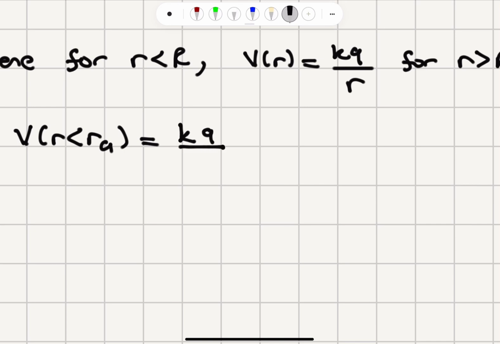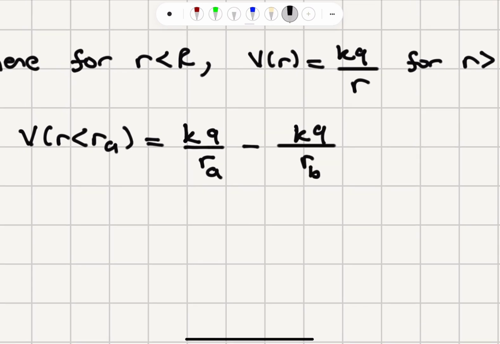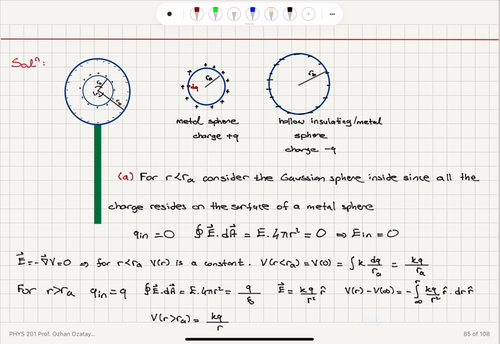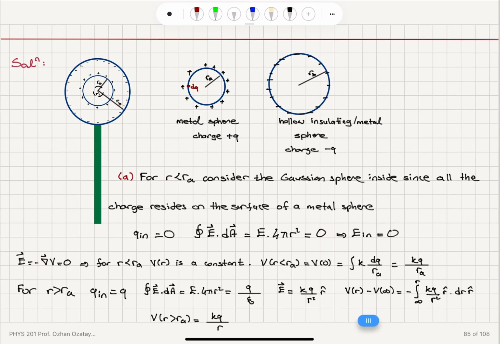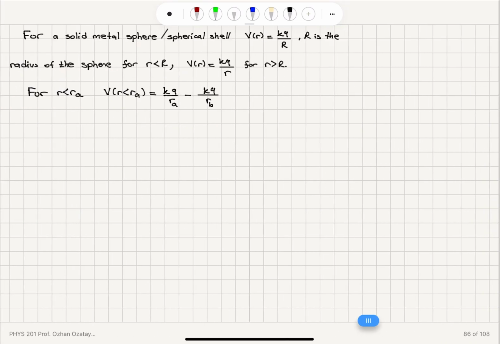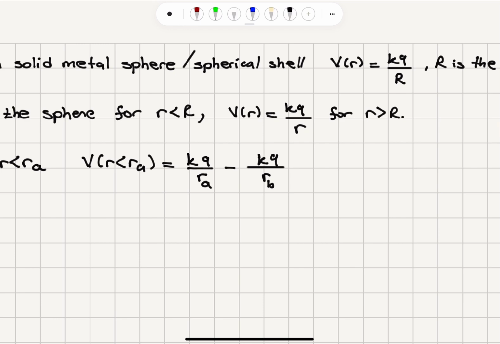And the potential due to the spherical shell will be minus kq over r sub b, the radius of this one. So if this has charge Q, it's kq over r sub b inside, but if it has minus Q, it's minus kq over r sub b is the potential inside with respect to infinity. So I find that this should be the potential for the region with radial distance r less than r sub a.